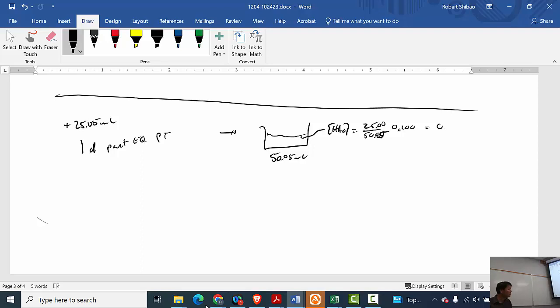I'm going to carry extra digits, 0.04995. Okay, let's go to the sodium hydroxide. Sodium hydroxide is going to be a 25.05 to 50.05 dilution.